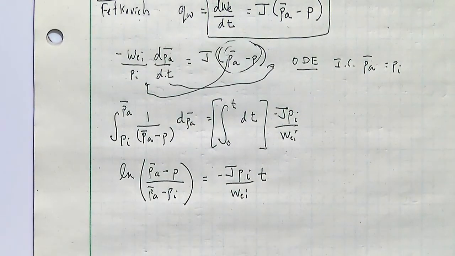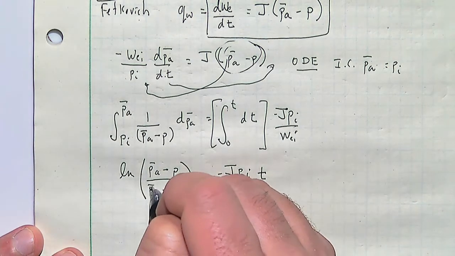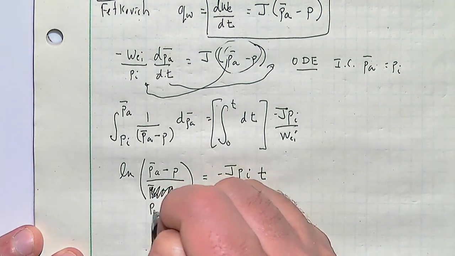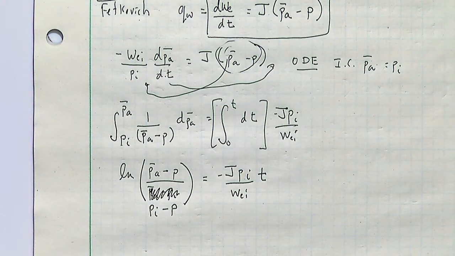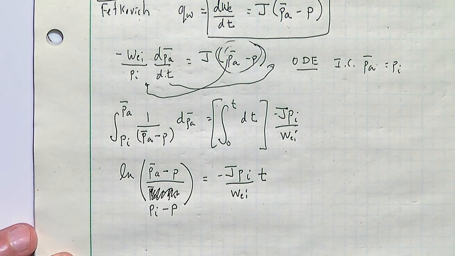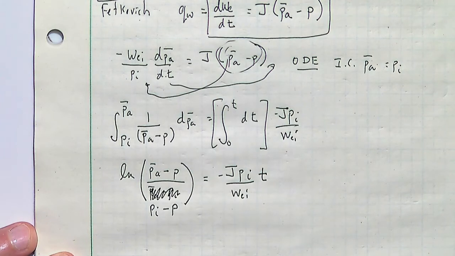Got that. And then what I want to do is solve for PA bar. Oh, I'm sorry, I had a little mistake here. This is PI minus P. All right, and (PA bar minus P) over (PI minus P) is equal to that. You're going to take the exponential of both sides.